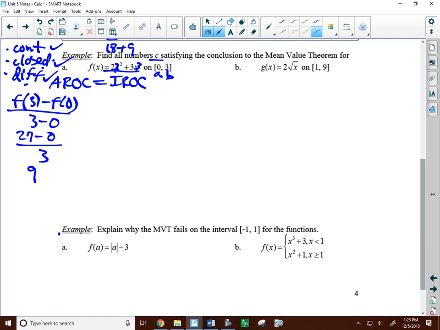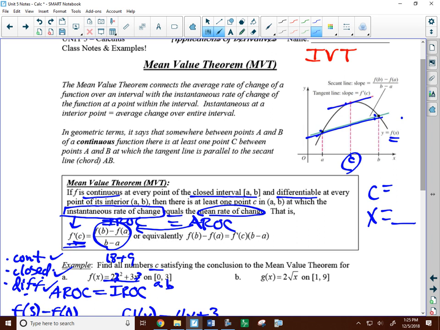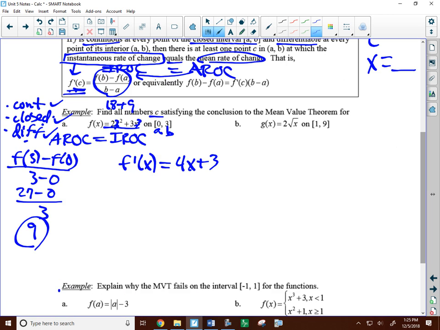I'm now going to do the IROC. It's just the derivative. Here they really do f prime of c, but I'll just do f prime of x, the derivative, 4x plus 3. Last thing is just set them equal. This is the average rate of change slope. What we just found is the slope is 9, and the derivative function is 4x plus 3. We're going to find where the derivative function slope is 9, and that'll give us this coordinate, this c or x.